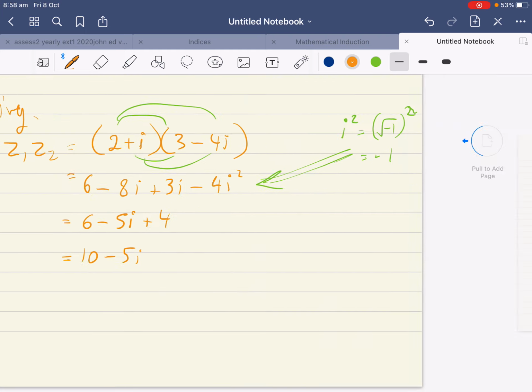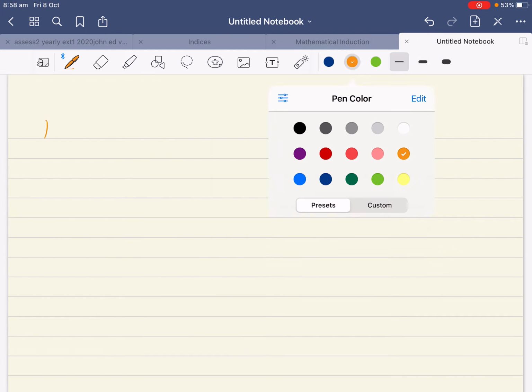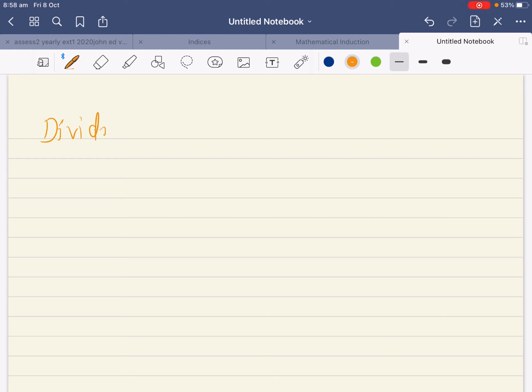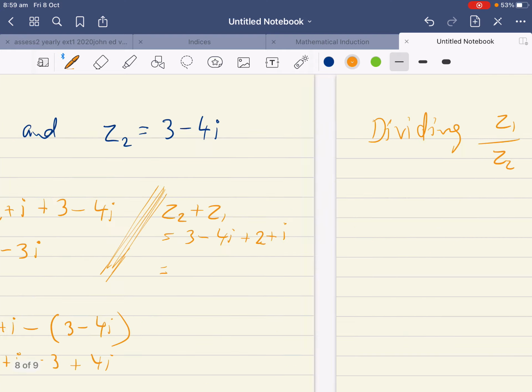Dividing. So let's say we're going Z1 divided by Z2. So you've got 2 plus i all over, I actually figured it was 3 minus 4i.